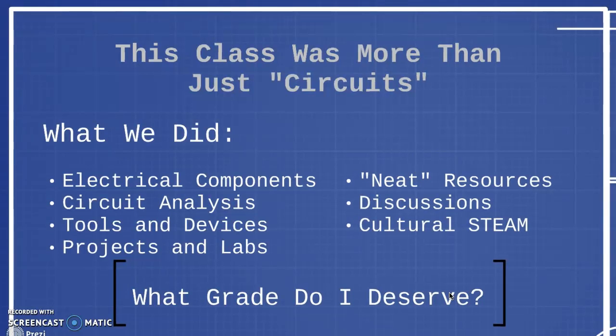So I would like to say before we get started, this class was more than just circuits. That being said, let's talk about what we did though. I felt like I did gain more knowledge of the electrical components within the circuit. I learned new circuit analysis techniques.